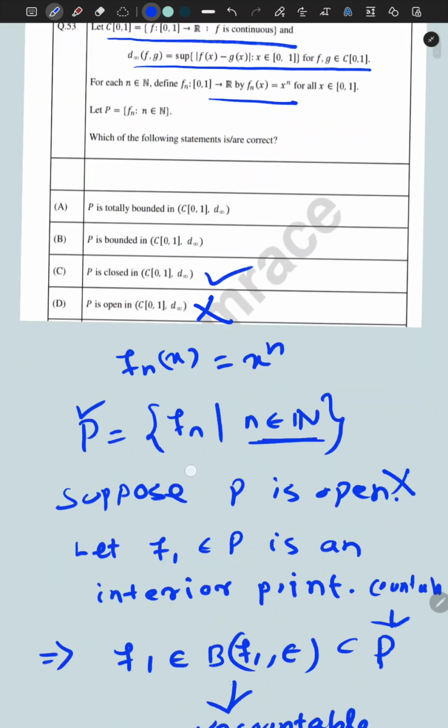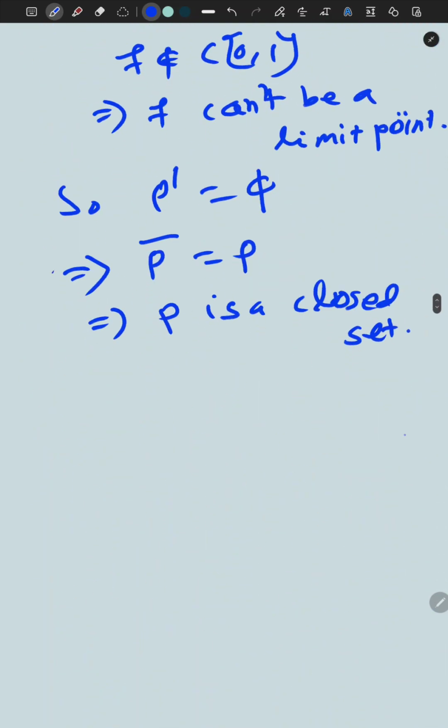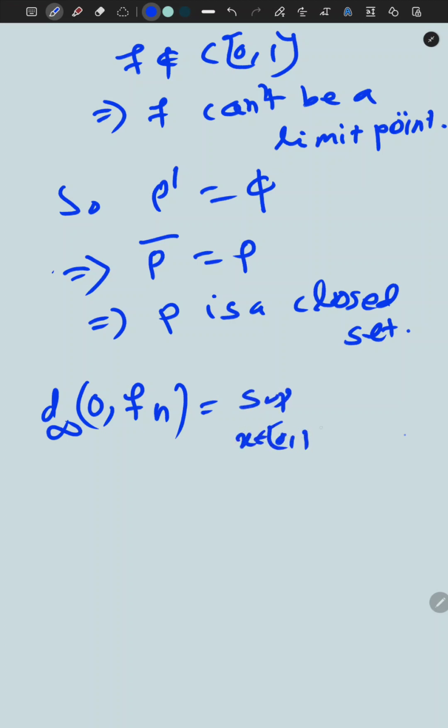Let us check whether P is bounded or not. To check boundedness, we have to calculate the distance from the origin. We have to calculate d(0, f_n). It is the supremum over x in [0,1] of |0 minus x^n|, which gives the supremum of x^n over [0,1].